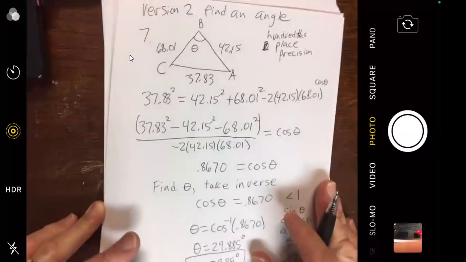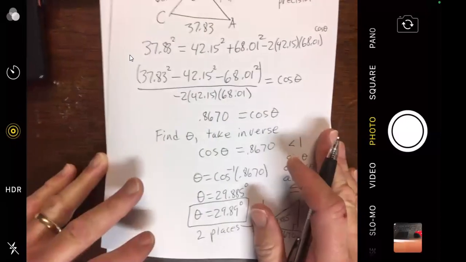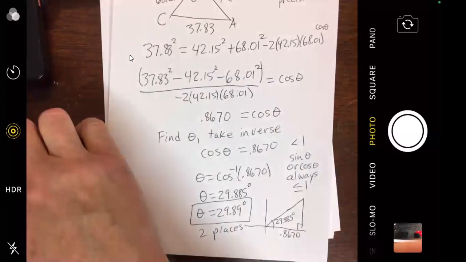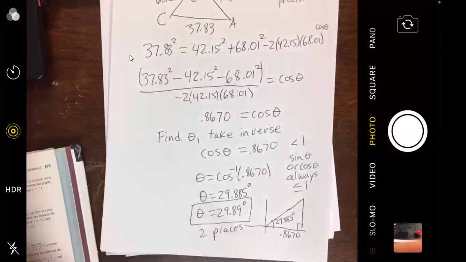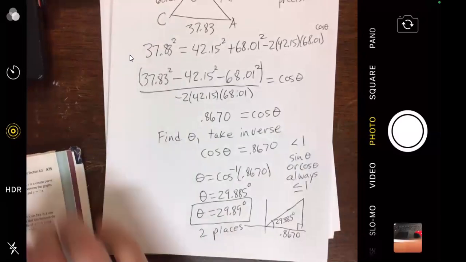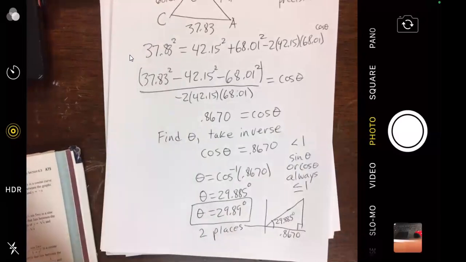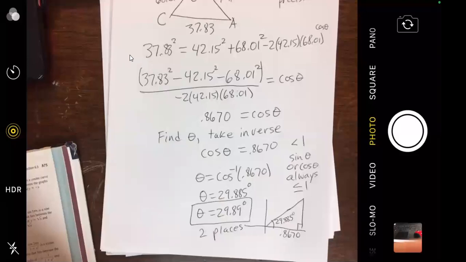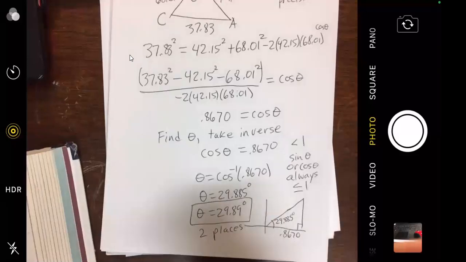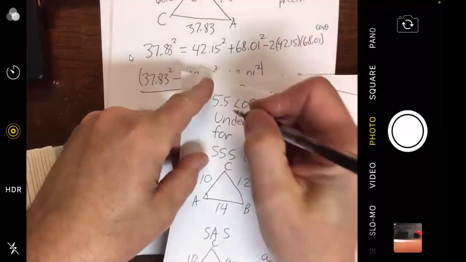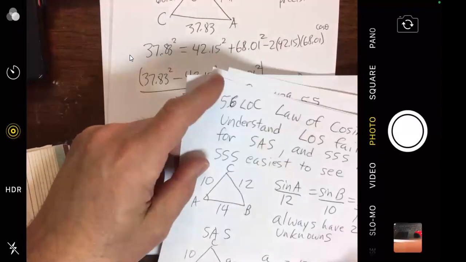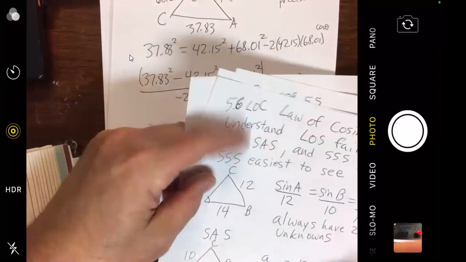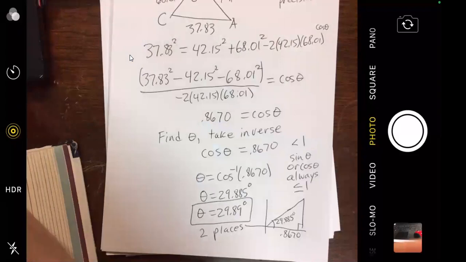I'll just double check this one. 5.6. I mislabeled this section, my fault. I just now noticed that. 5.6 is law of cosines. My fault.